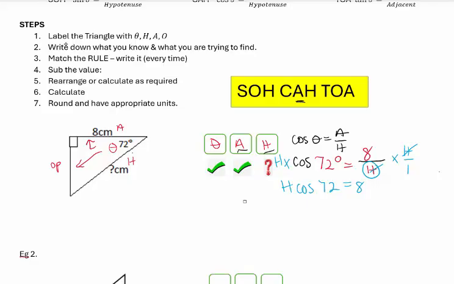Now because they're next to each other, that's times. Again, how do I get h by itself? I do the inverse of timesing, which is dividing by cos 72. Law of the universe says whatever you do to one side, you must do the other. So what you're left with is hypotenuse equals 8 over cos 72.